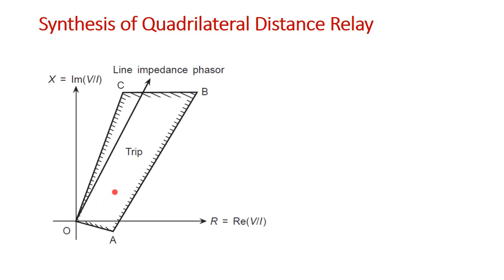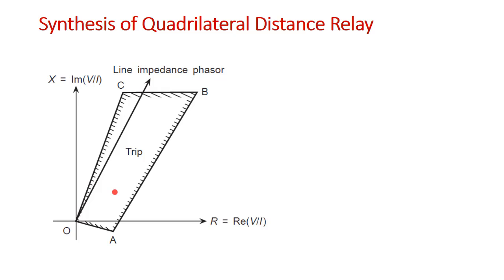You can see here the characteristic of the quadrilateral relay. This kind of relay is in fact much better, because it covers much less area in the Rx plane, right. Therefore, whenever there is a situation of power swing or little small signal disturbance, under that condition your impedance does not come inside the trip region.